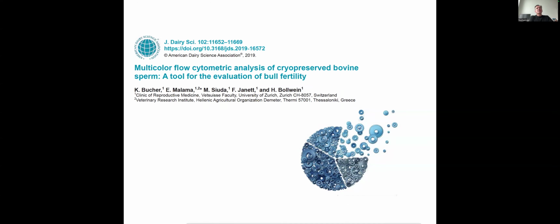And if you remember, I was already talking about this multicolor flow cytometric assay for the examination of cryopreserved sperm. And we looked at what is important for the AI stations and also for us, if this has an effect on the fertility of the bulls.